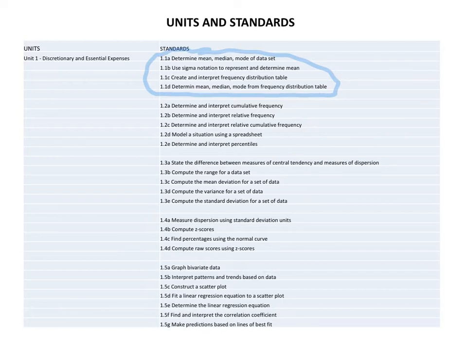Use sigma notation to determine the mean. Create and interpret a frequency distribution table and determine the mean, median, and mode from that frequency distribution table. So this goes into a fair amount of detail, but we basically have 1, 2, 3, 4, 5 main topics that we need to master in this first unit on discretionary and essential expenses.